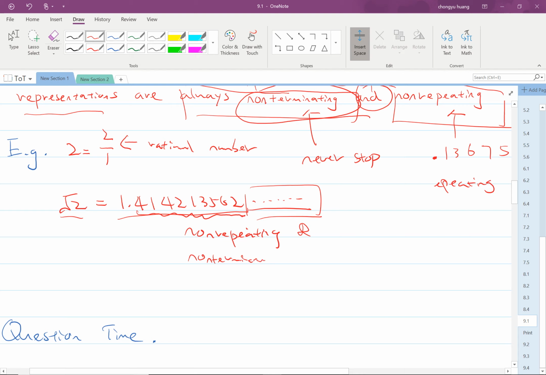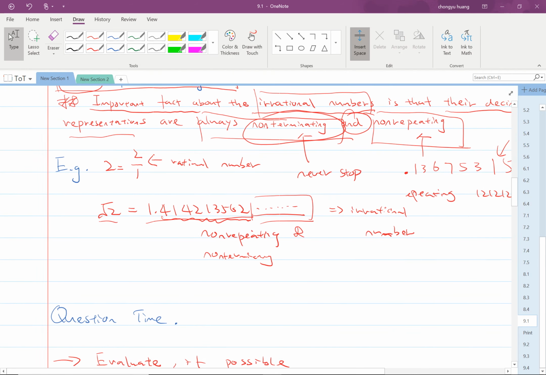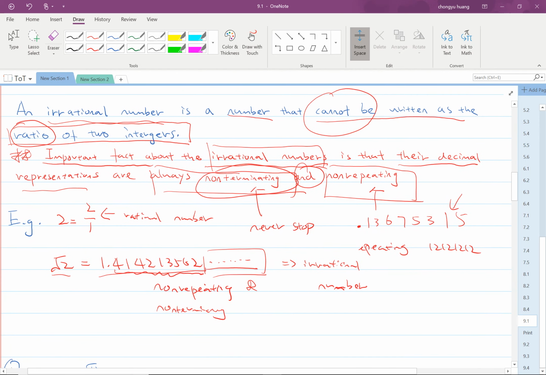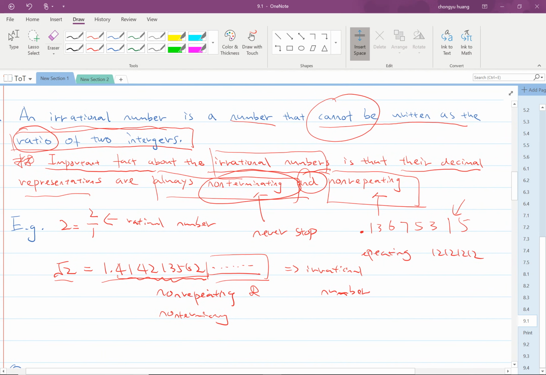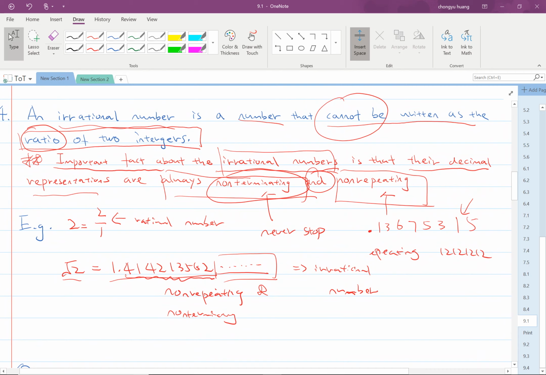So this is an irrational number. Keep in mind these identities. First, an irrational number cannot be written as a ratio of two integers.